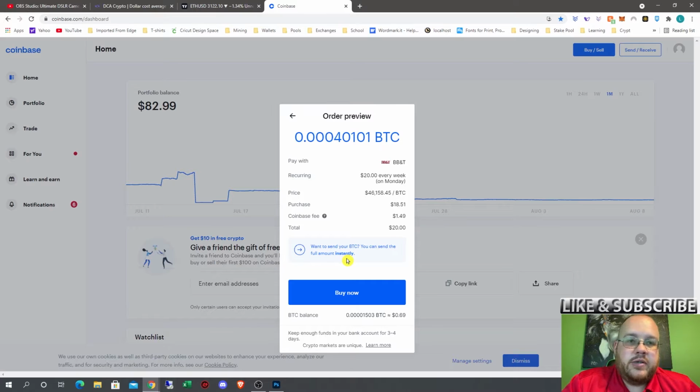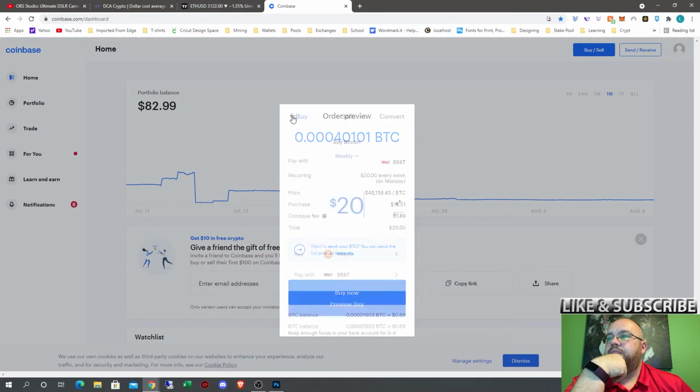I use the Celsius app, and I'm going to make a video about it, but they give you like 6.2% interest a year on Bitcoin up to your first or second Bitcoin. So I would buy and send it to Celsius. I may wait a few weeks because you'll have a transfer fee if you send it to Celsius. Sending out of Celsius doesn't charge any transfer fees. They pay the fees themselves. So that's how you buy.